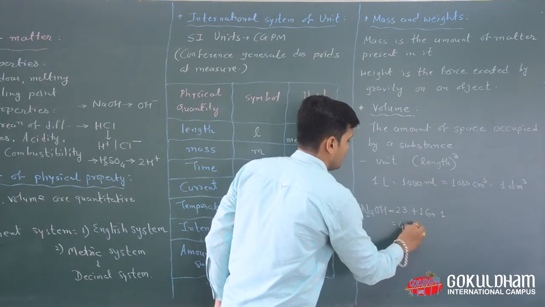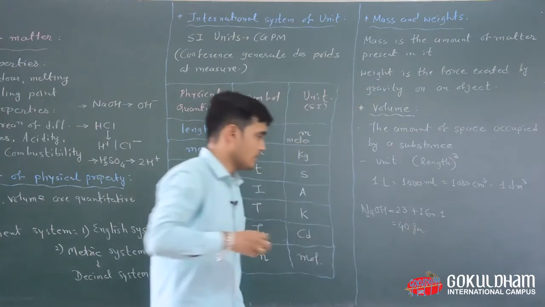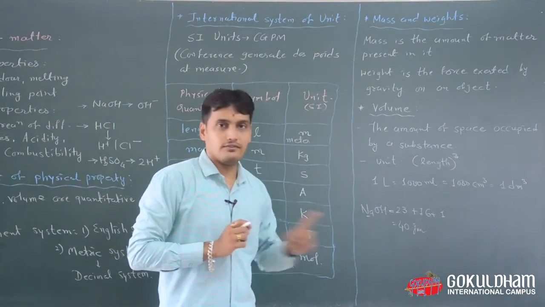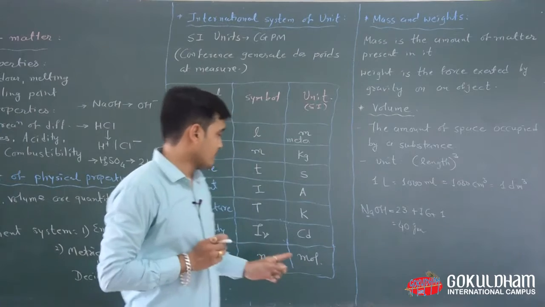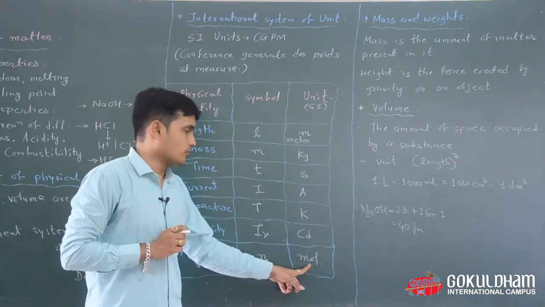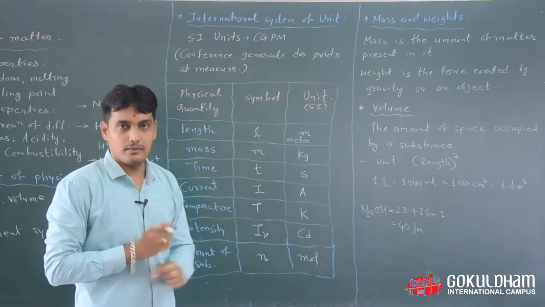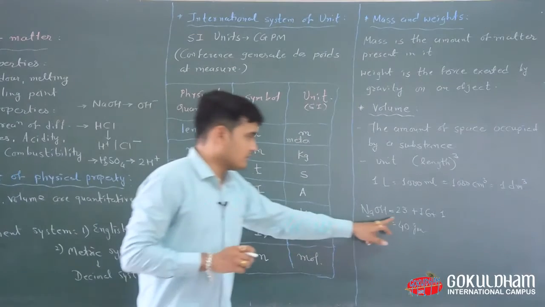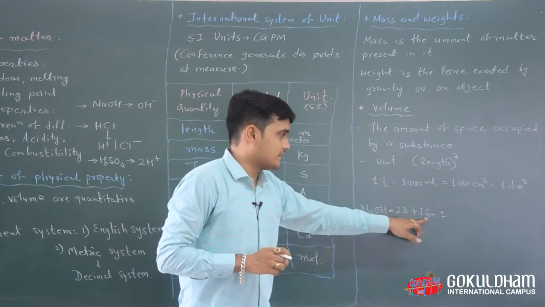So the total is 40 gram. When I add 40 grams in 1000 ml of water, it means 1 mole is added into 1000 ml of water. What is the meaning of 23, 16 and 1?